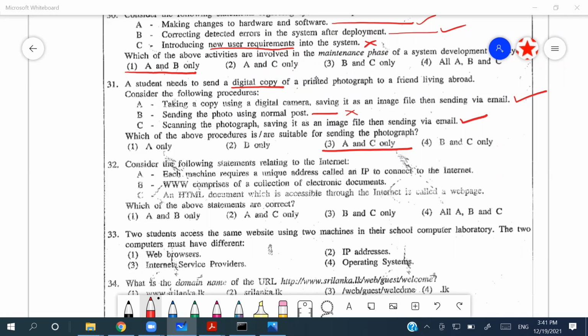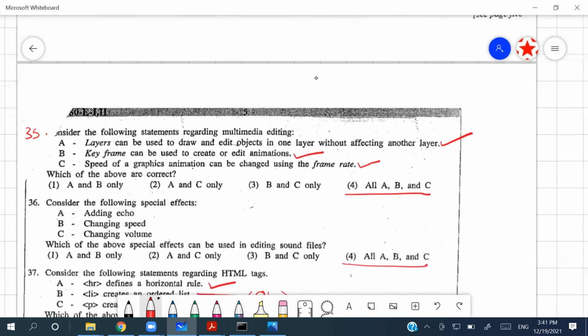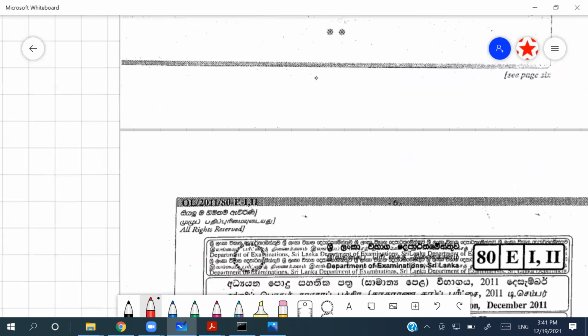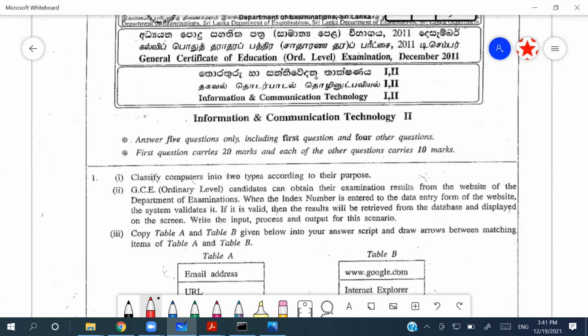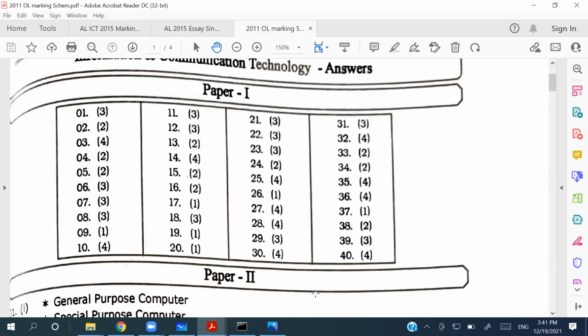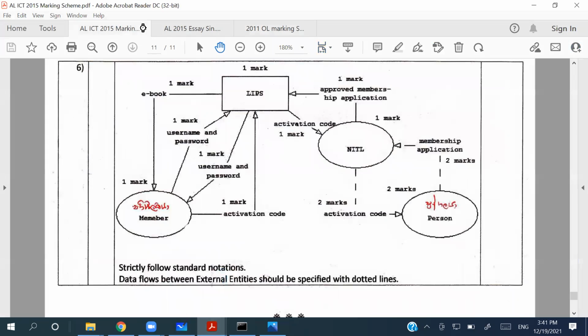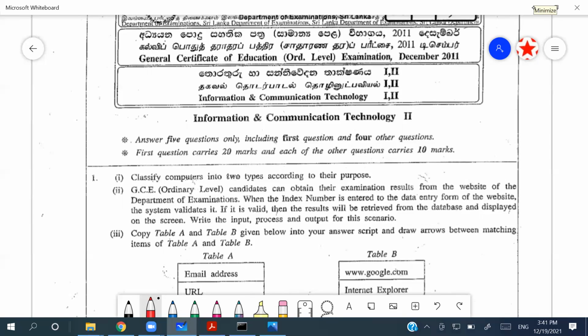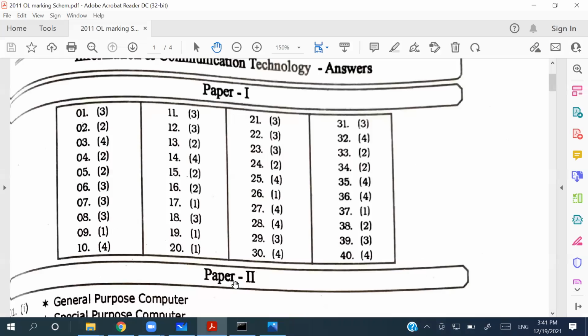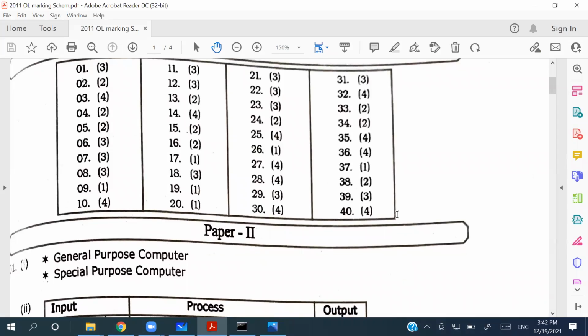Right. So here I am moving to the next part, the second part. So let me take the marking scheme as well. Yeah, it's here. Right. So the first one says classify computers into two types according to their purpose. So like what? General purpose computers, special purpose computers, right? Those are the two types. So if you write those names, 2 marks are given.